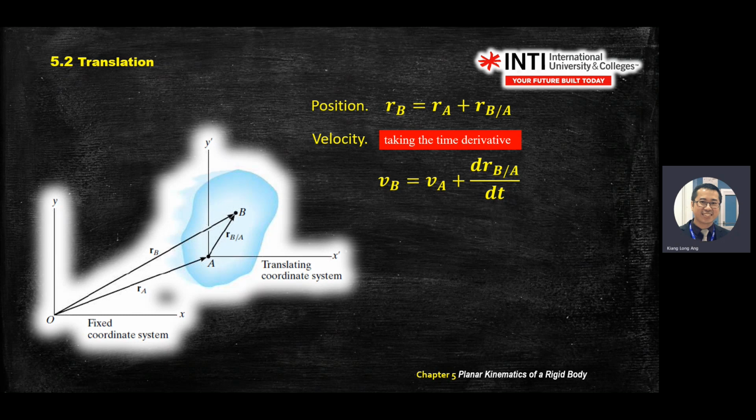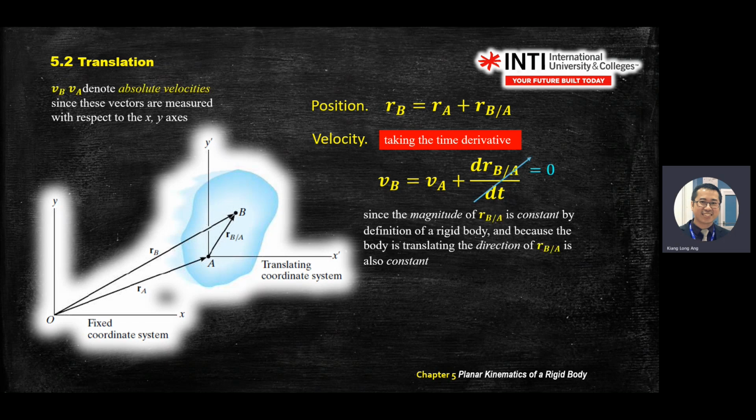So if this one is your eye, this one is your mouth, r B stroke A, will it change over time? It will not change, right? This is a mathematical equation. You differentiate with time, means no change. So this one you can cancel, it becomes 0. It means the distance between your eyes and your mouth does not change over time. So you can cancel it.